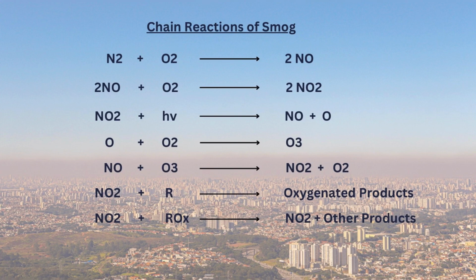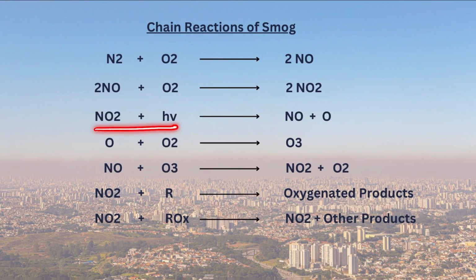In the second step, after a few hours, the NO formed in the first reaction combines further with oxygen and produces nitrogen dioxide, or NO2. In the third step, the nitrogen dioxide absorbs sun radiation energy or light energy, reforming nitric oxide, or NO, and generating a highly reactive oxygen atom.